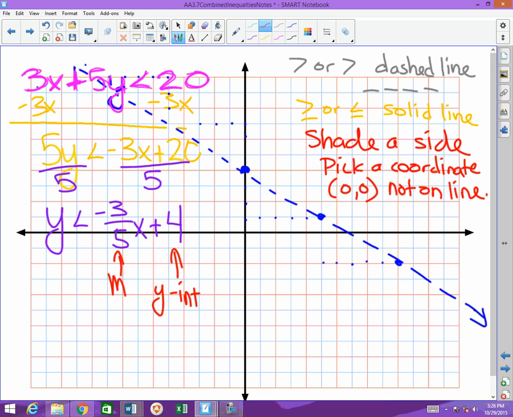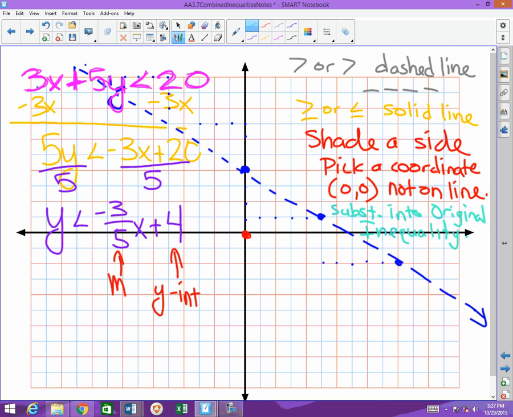In this case, 0, 0 is not on the line we have drawn here in blue, so we can use it. You pick that point, and then you substitute it in the original equation, actually the inequality.